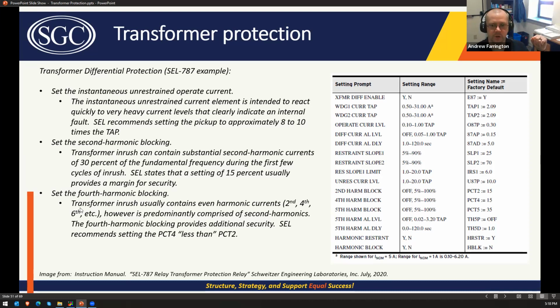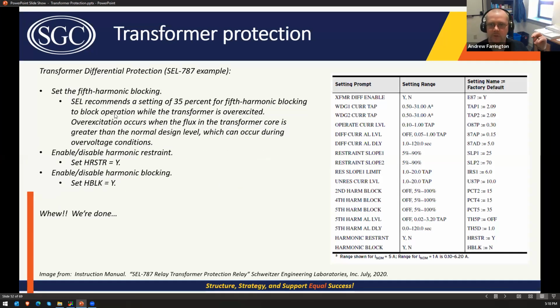Fourth harmonics are the same thing. The even harmonics are primarily associated with inrush, the second, fourth, and sixth harmonics. So again, you can set your fourth harmonic blocking. Then you have fifth harmonic blocking, which is associated with overexcitation of the transformer.